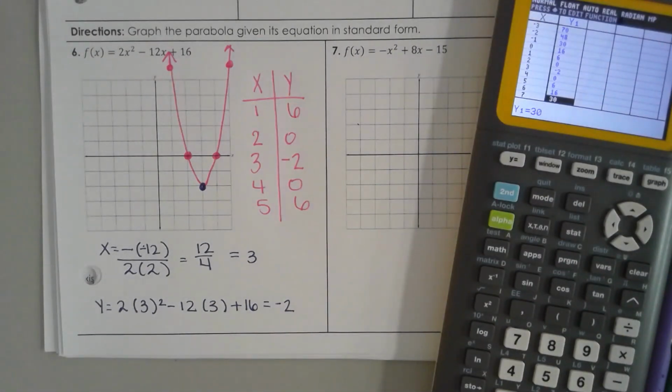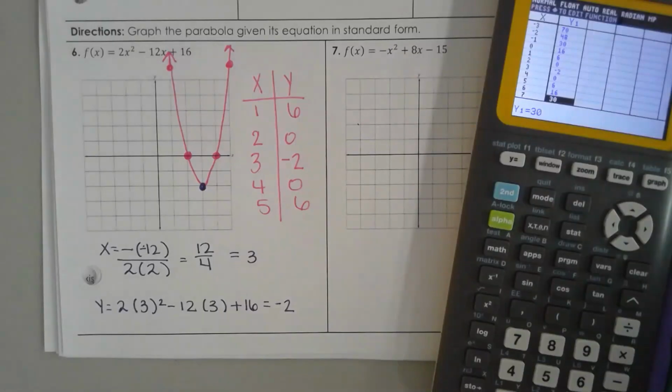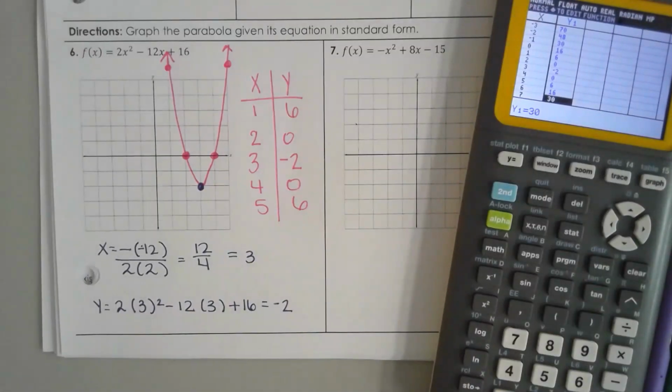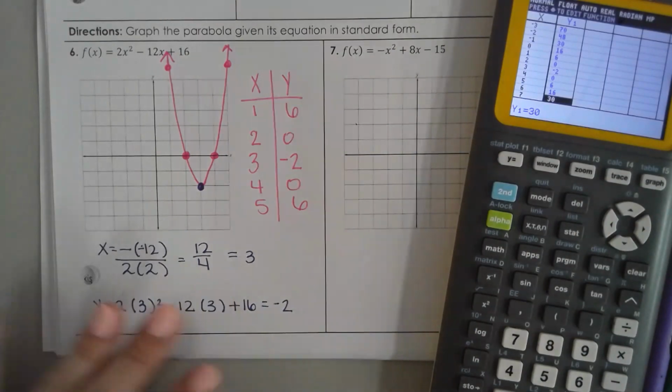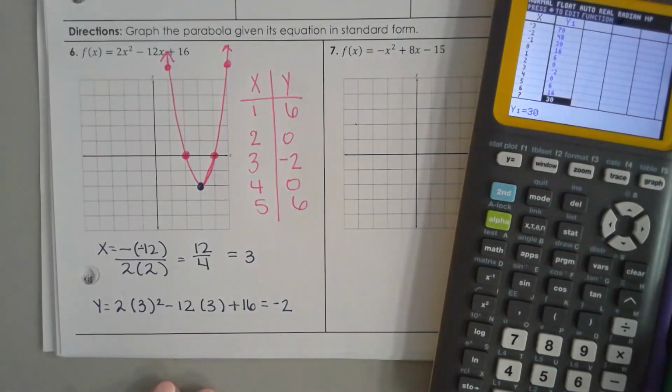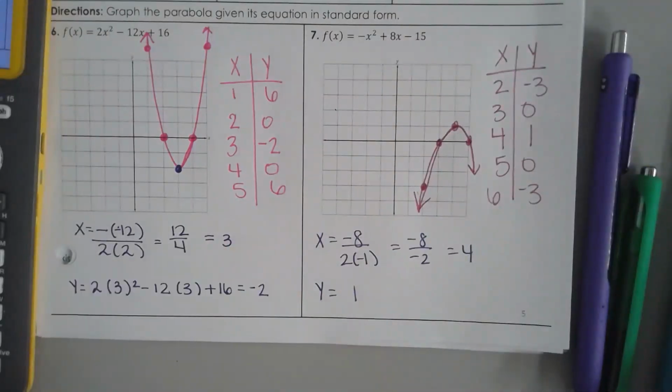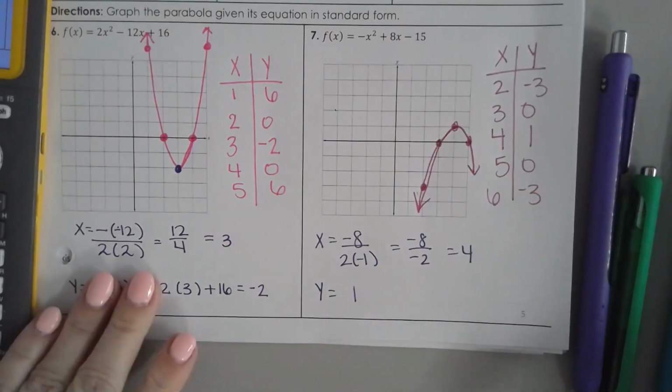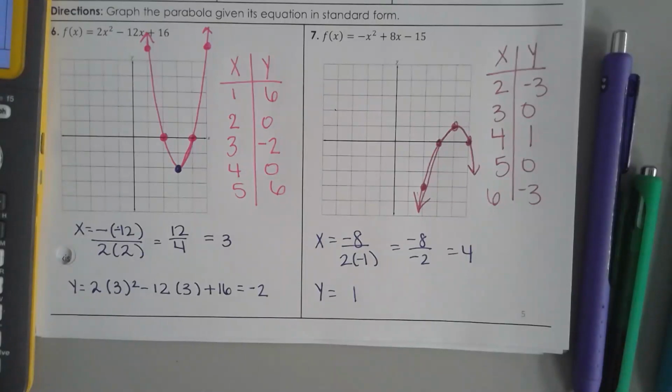I want you to do that if you're graphing, and then you can just use the table to find the rest. Alright, I want you to try number 7. If you want to look up here and check, here is what number 7 should look like.